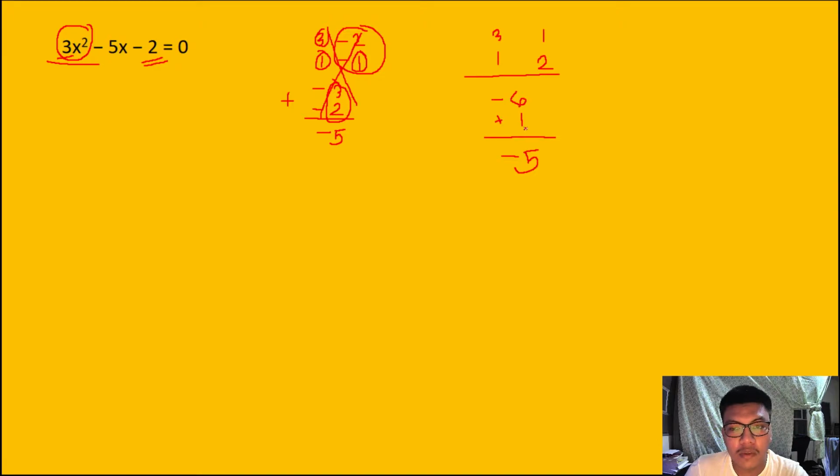So we have negative 6 plus 1, we have negative 5. Dito, pansinin, parehas positive ulit to. Yung iyong negative 6 saan mo kukunin, di ba dito sa 3 and 2? Ang dapat mong i-negative, itong 2. Okay, so we have 3 times negative 2, you have negative 6. Then yung 1 times 1 natin, dapat ay positive.